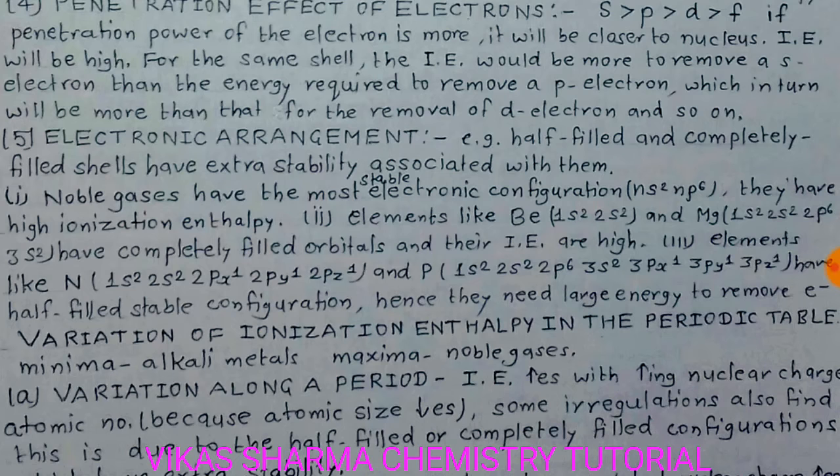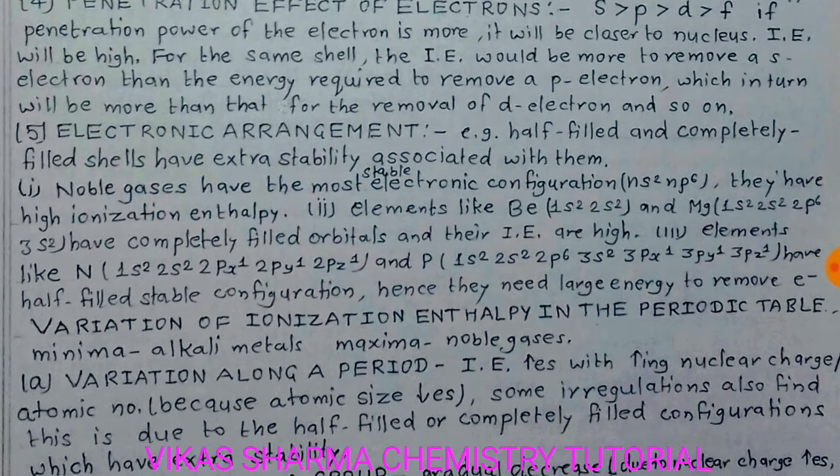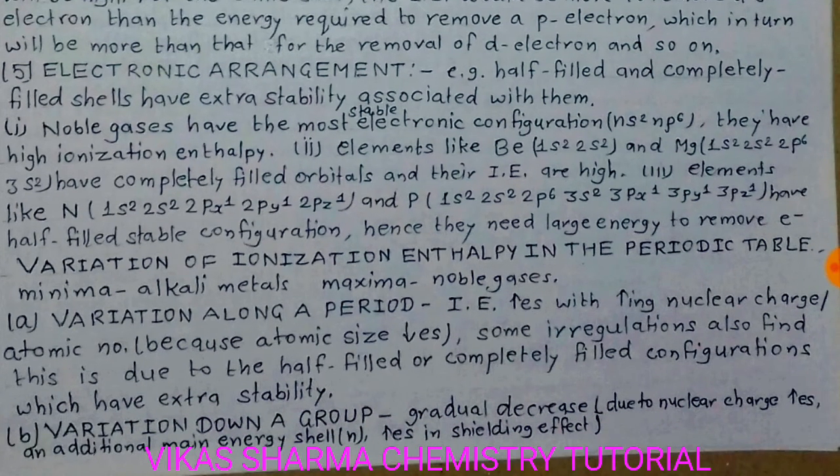Elements like beryllium and magnesium have completely filled orbitals and their ionization enthalpies are high. Elements like nitrogen and phosphorus have stable half-filled configurations, hence they need large energy to remove electrons. So half-filled and completely filled subshells make it difficult to remove electrons.